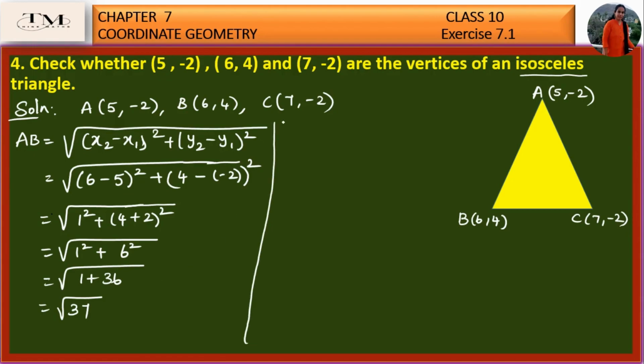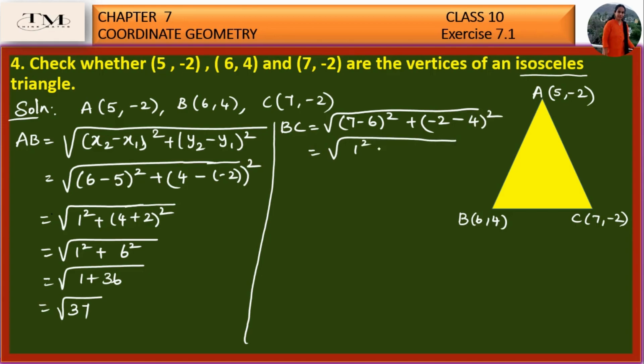In the same way, we will find the distance between BC. So BC, it is 7 minus 6 whole square plus y2. y2 is minus 2, y1 is 4, whole square. So 7 minus 6 is 1 square plus minus 2 minus 4.